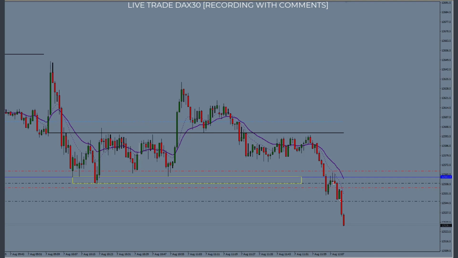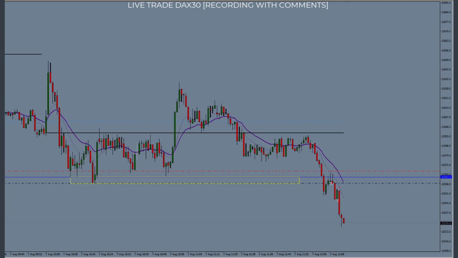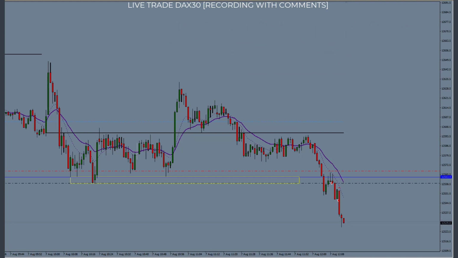That's it. The market is moving nicely. 3 or 4 hours in our favor. That's 3 hours on this one. I'll take one off, and I will take some of that off as well.